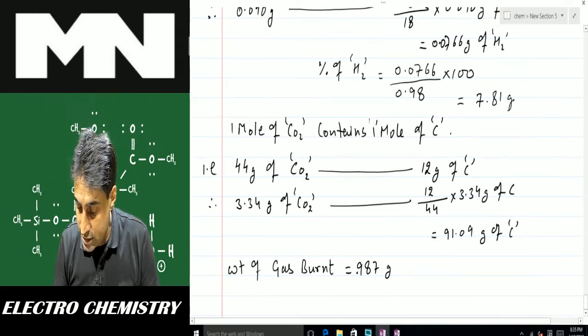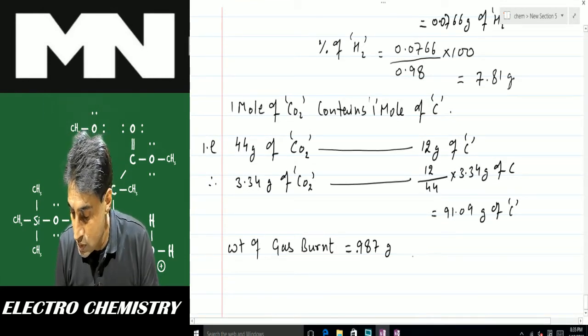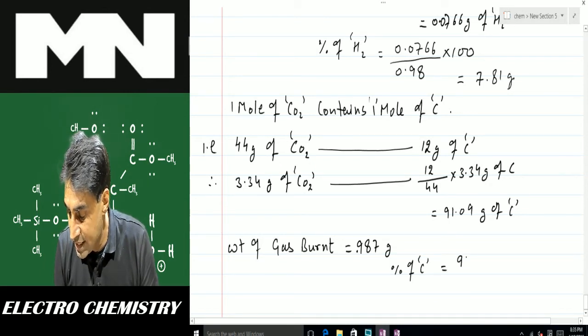Likewise, we'll calculate the percent of carbon. That is 0.9109 divided by 0.98 into 100.